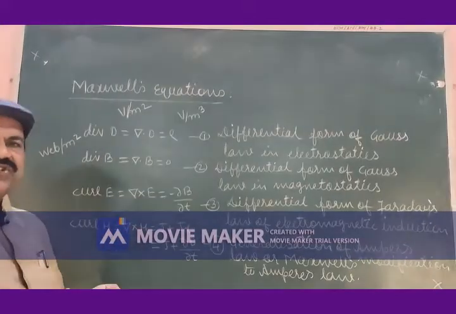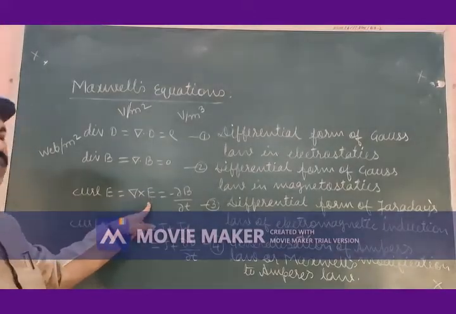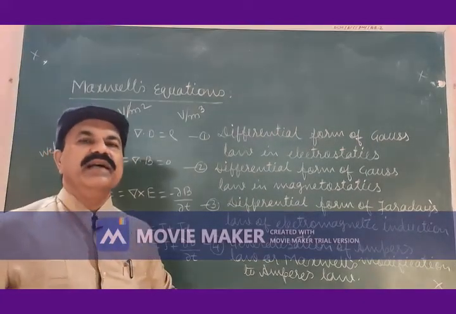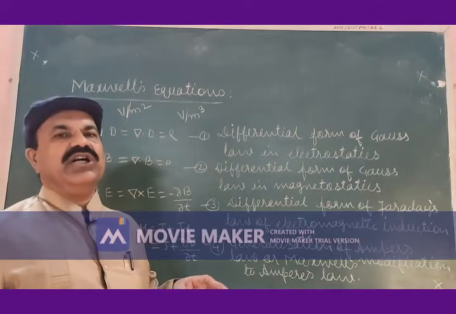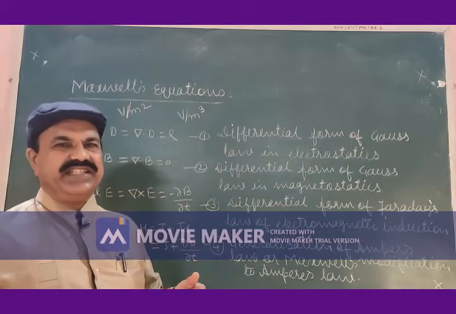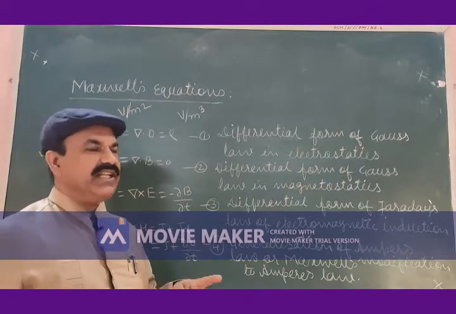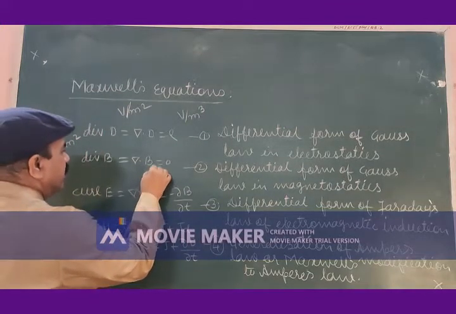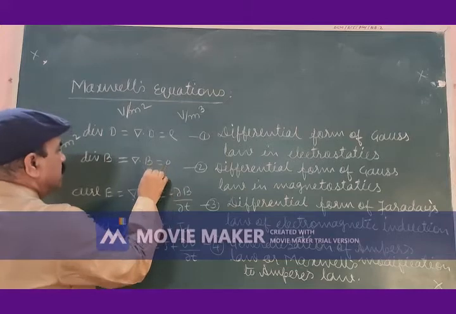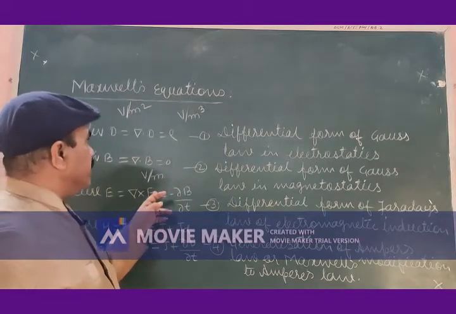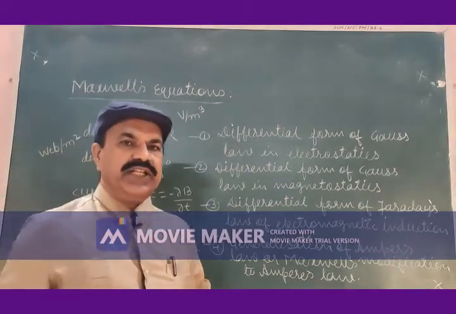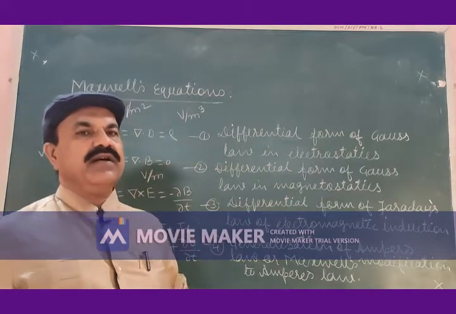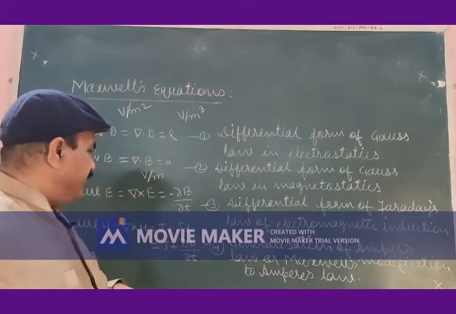Come to the third equation. E is the electric field intensity, and this E is measured in volt per meter.